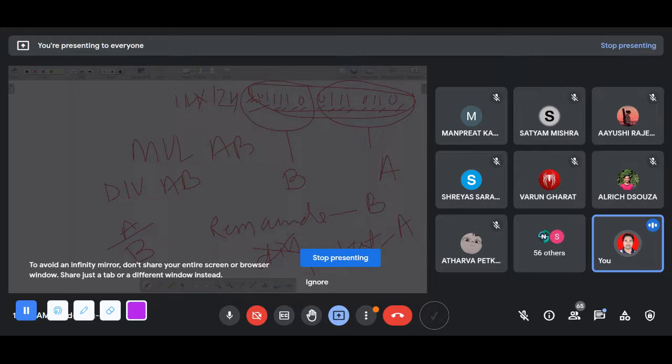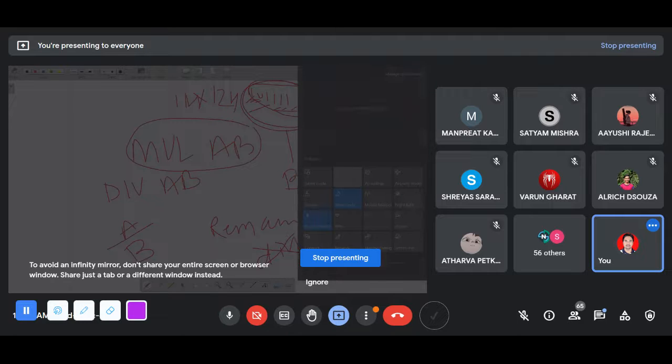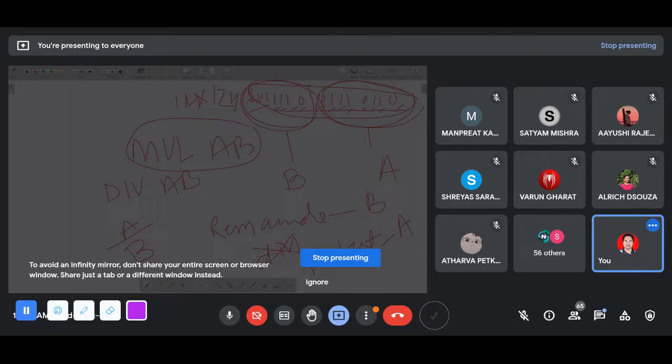So again I am repeating, whenever you do the multiplication, you use the command MUL AB. In the multiplication process, if your answer is greater than 8 bit, that means you have a lower 8 bit and a higher 8 bit. The lower 8 bit will be saved in the A register, and the higher order result will be stored in the B register.